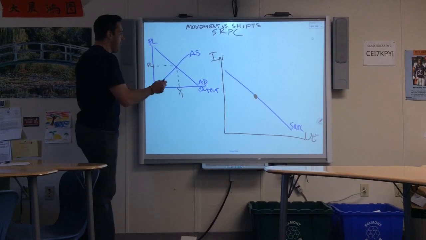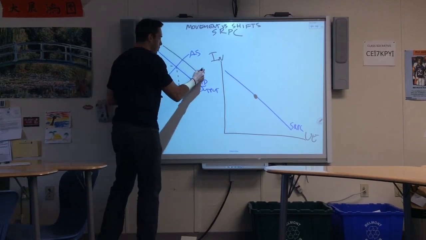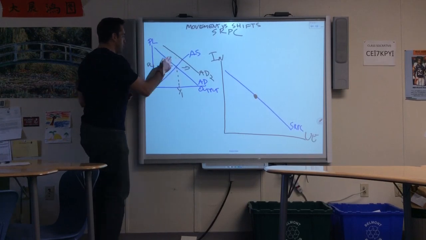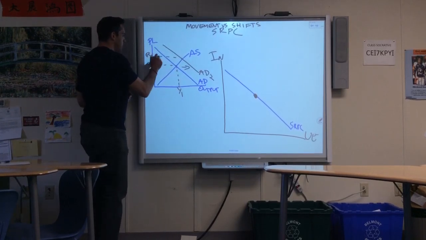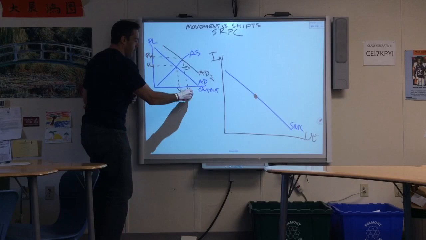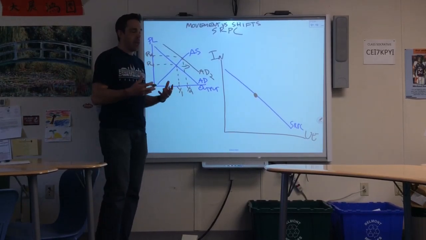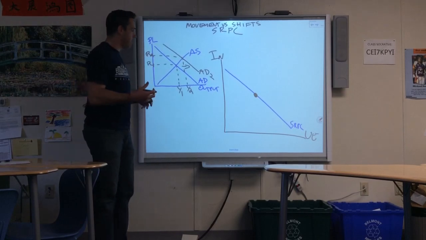Let's say we move aggregate demand to the right, to AD2. What happens here? We see there's an increase in price levels, and an increase in output. Remember, if output goes up, we can infer that unemployment goes down.